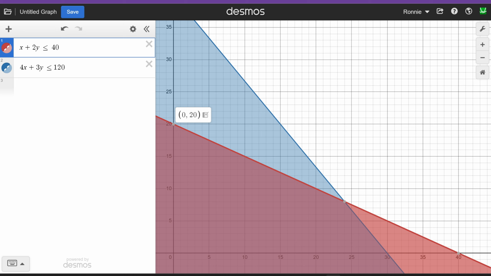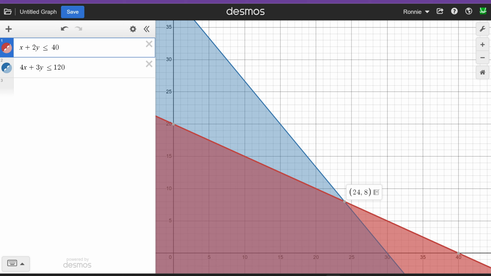So there it is. Desmos is telling us that is 0, 20. Make note of that if you're taking notes: 0, 20. So 0 is the x, 20 is the y. The next vertex, and it has it there for me, is 24, 8.